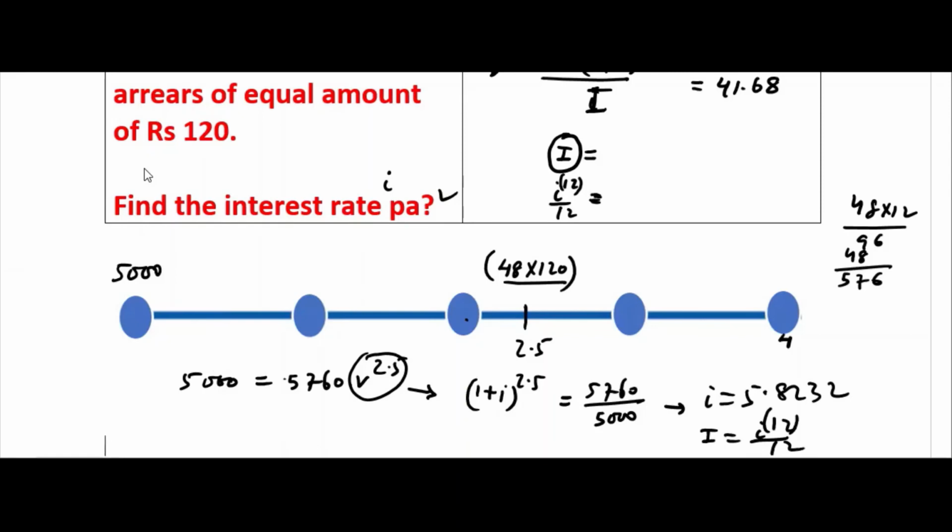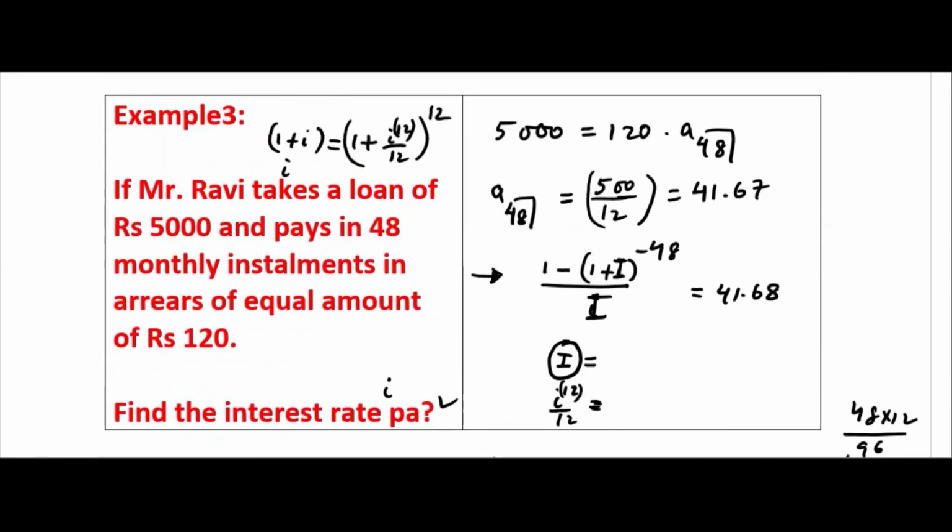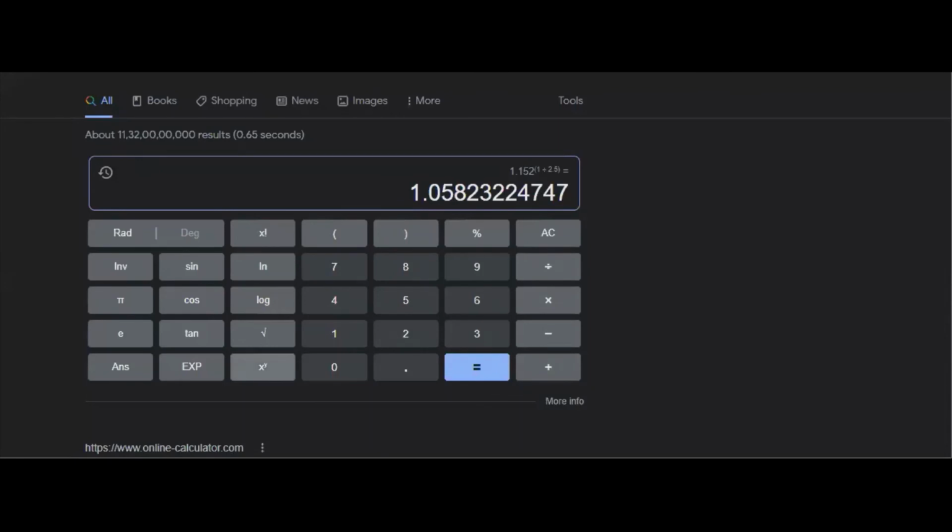Because capital I is what we want to use here. Okay. So how can you find capital I from small I? This equation you have to use. So you take power 1 by 12, subtract 1. This is 1 plus I already. 1 plus I power 1 by 12 minus 1. So 0.4727%.